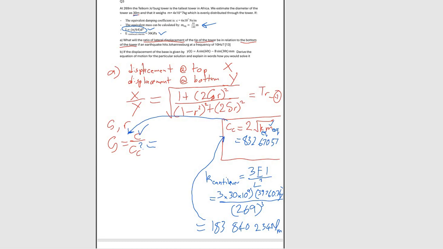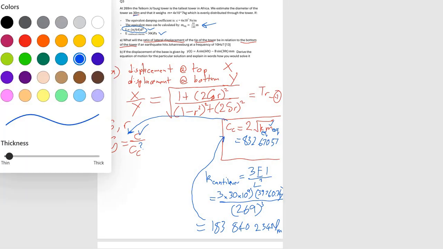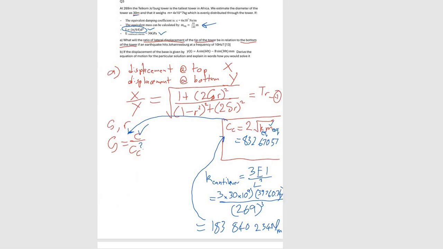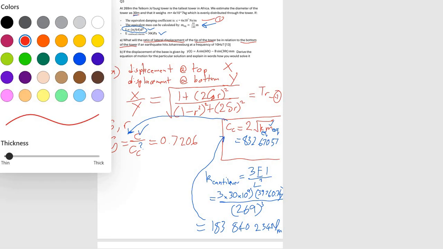Using the values that we have just found for the critical and the given damping coefficient value, if you plug in the damping coefficient, which is given in the question here, and the critical one that we just found, you're going to get a zeta value of 0.7206. Okay, so we have found one aspect of our question, which is the zeta part.